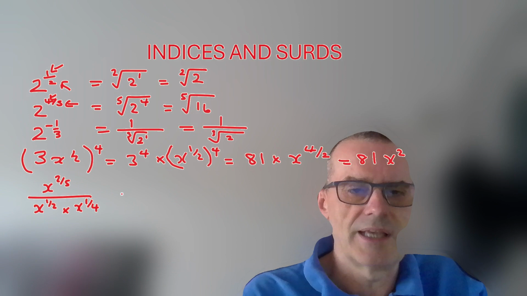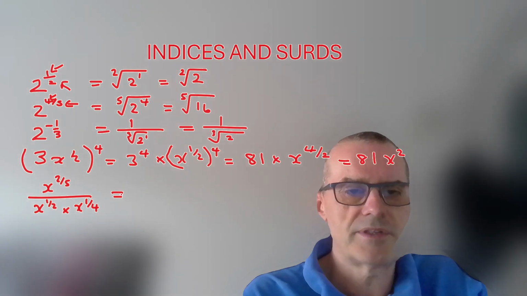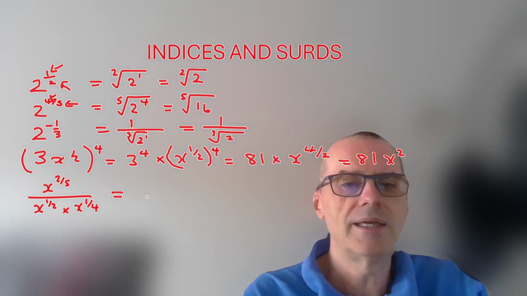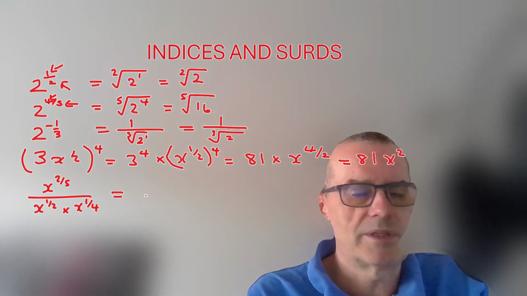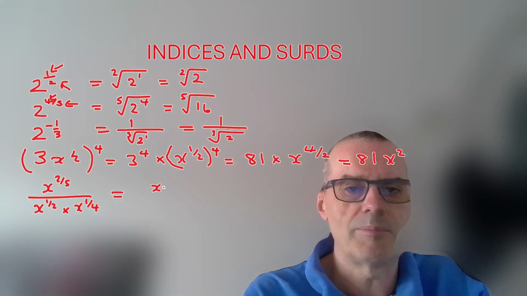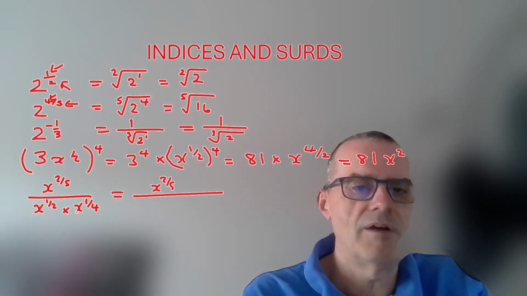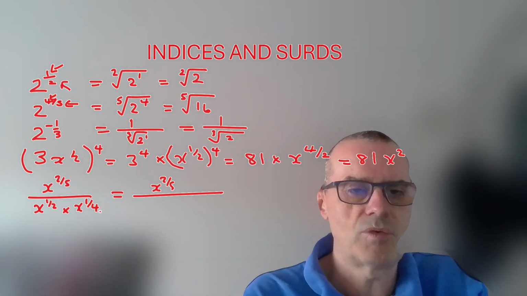And our final example in this section is x to the 2/5 divided by x to the power of a half multiplied by x to the power of a quarter. Now this is a little bit more tricky, but let's work our way through it. We apply the same rules as we did before. So we have x to the power of 2/5 divided by, now what does x to the power of half multiplied by x to the power of a quarter mean?